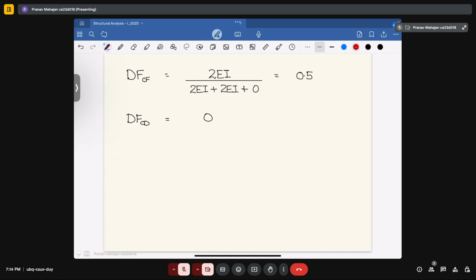Your distribution factor for AB will be equal to 1 because a hinge support is there. Your distribution factor for EB will be equal to the distribution factor for FC, which is equal to the distribution factor for CD, equal to 0. Now what we will do? We will calculate fixed end moments.